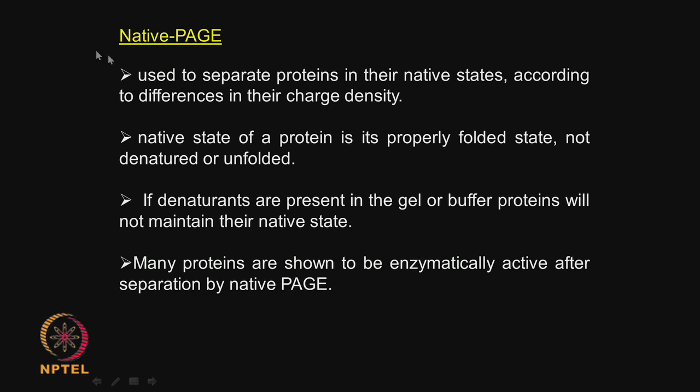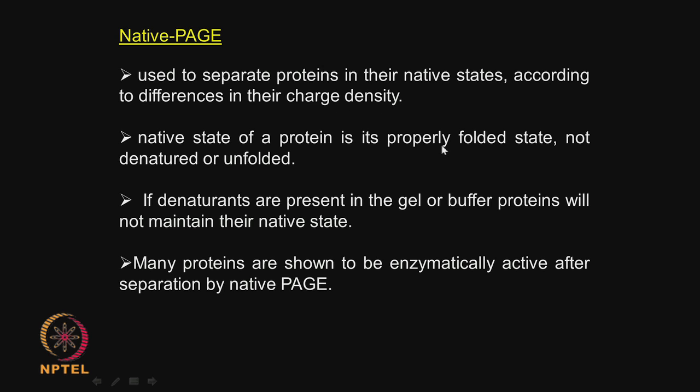Then comes native PAGE. The advantage of native PAGE is that we can get the protein in its active state, unlike SDS PAGE, where we completely destroy the activity of the protein and make it linear. In native PAGE the protein still retains its activity, because you are separating in native states, according to differences in their charge density.